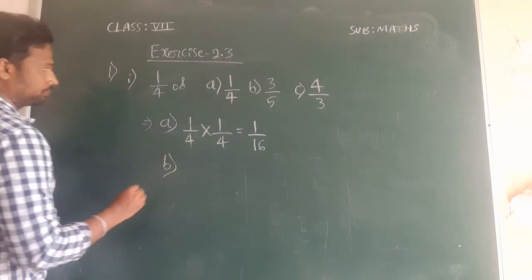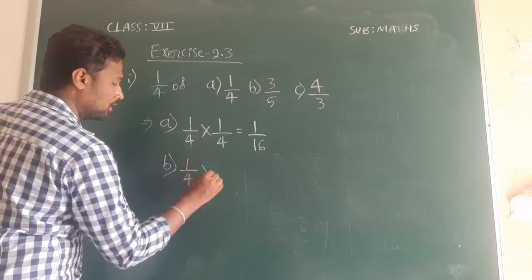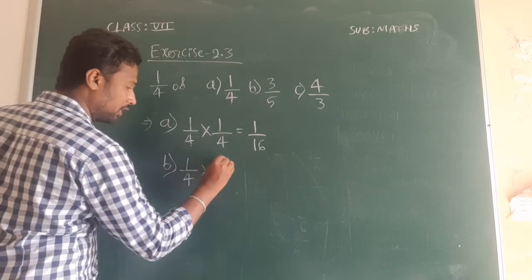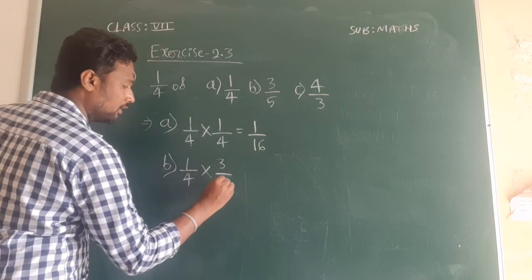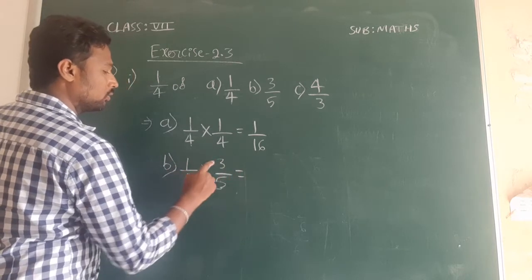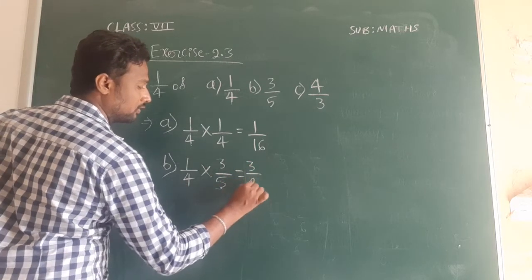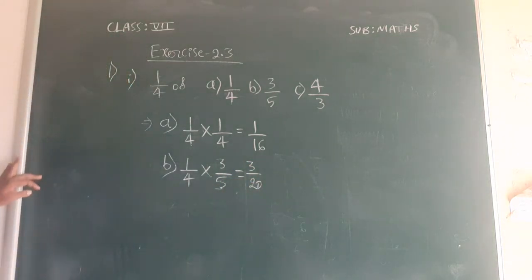Next, 1 by 4 of means that is nothing but multiplication. What you have here is 3 divided by 5. So 1 into 3 means what do we get? 3. 4 into 5, 20. What we got? 3 divided by 20.